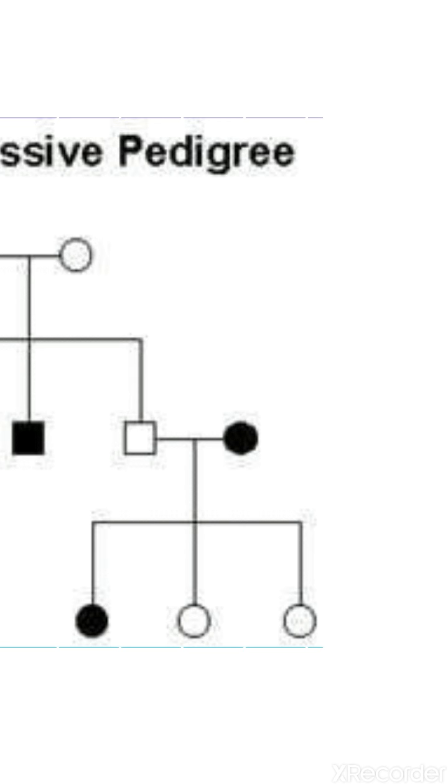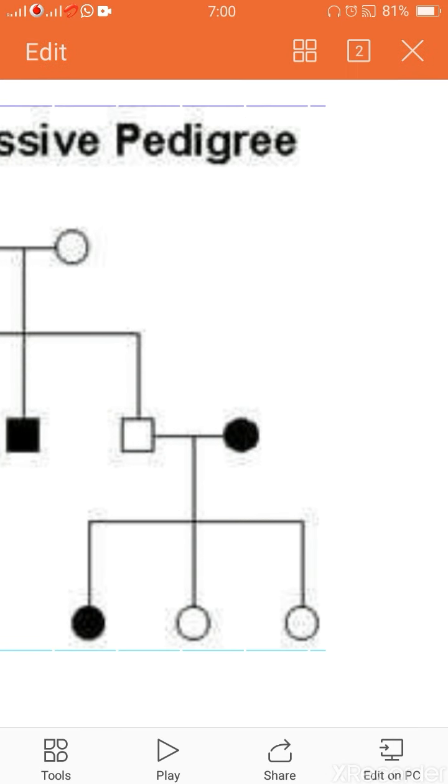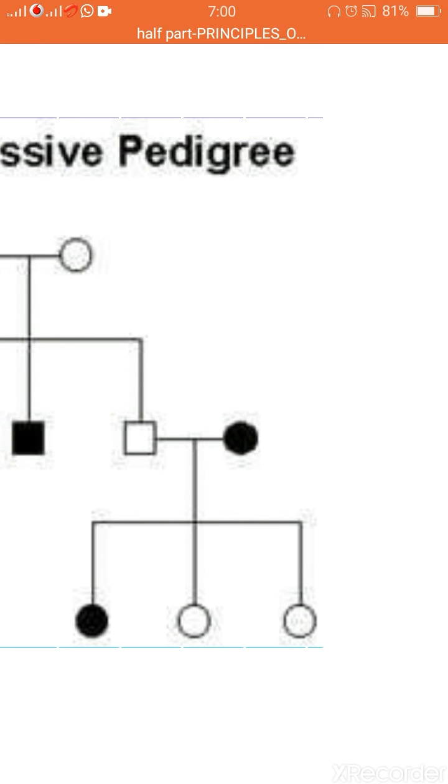But here, as this female child is suffering from the problem and the male is normal, that male will surely be heterozygous. When the dominant gene is combined here, these female children are normal. In the heterozygous condition there will also be a recessive gene.